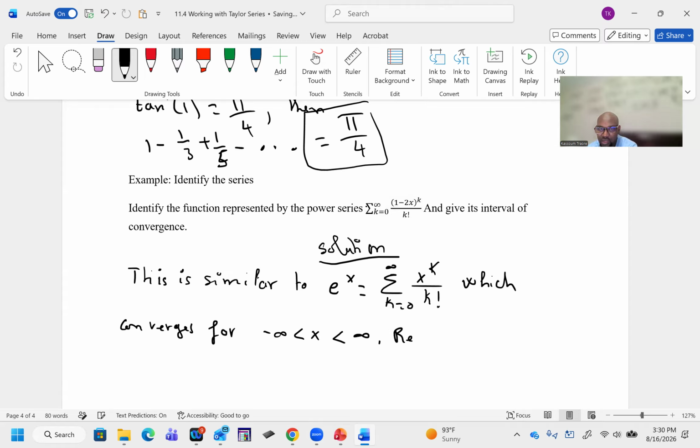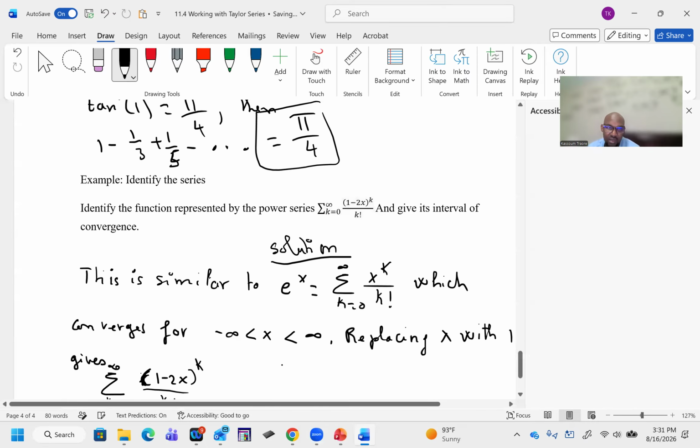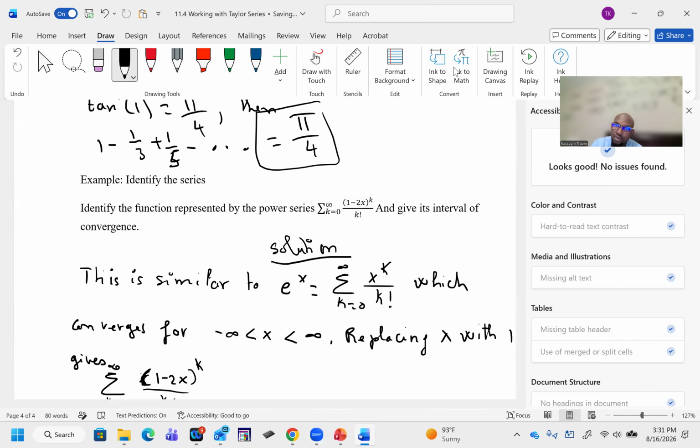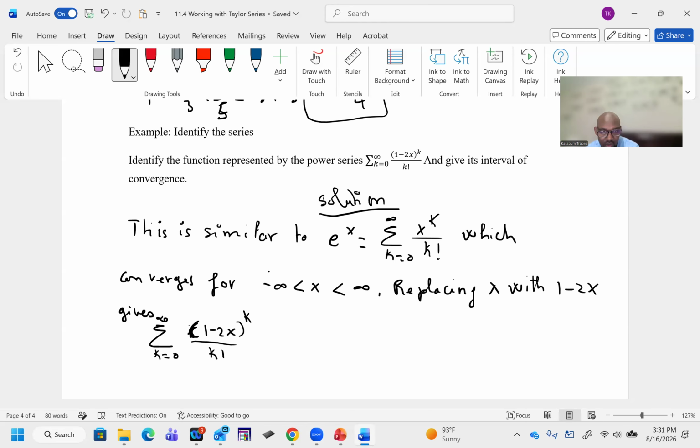So again, you can see replacing x with 1 minus 2x gives the sum from k is equal to 0 to infinity of (1 minus 2x) to the power of k divided by k factorial, which is equal to e to the power of 1 minus 2x.